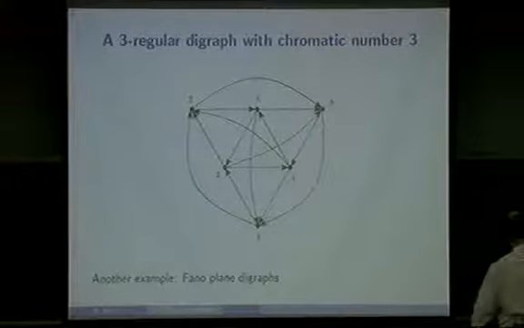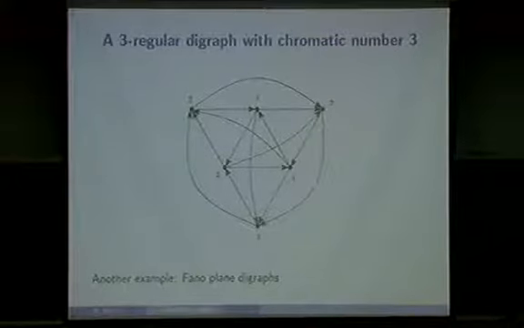There is another interesting example. You take the Fano plane. The Fano plane, in the usual representation, has 7 points and 7 lines.